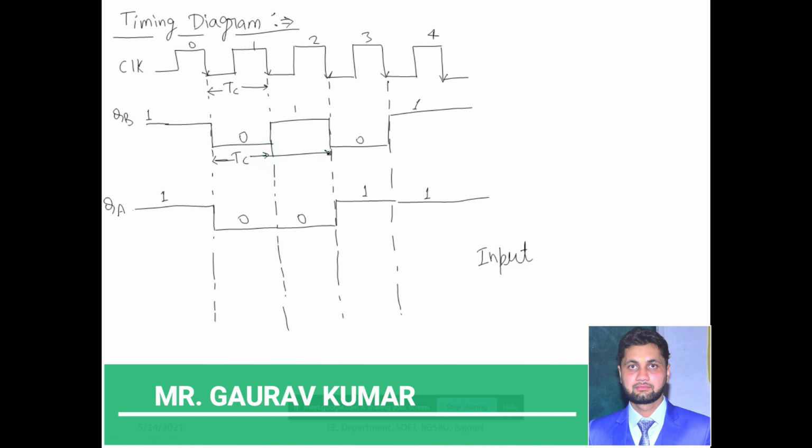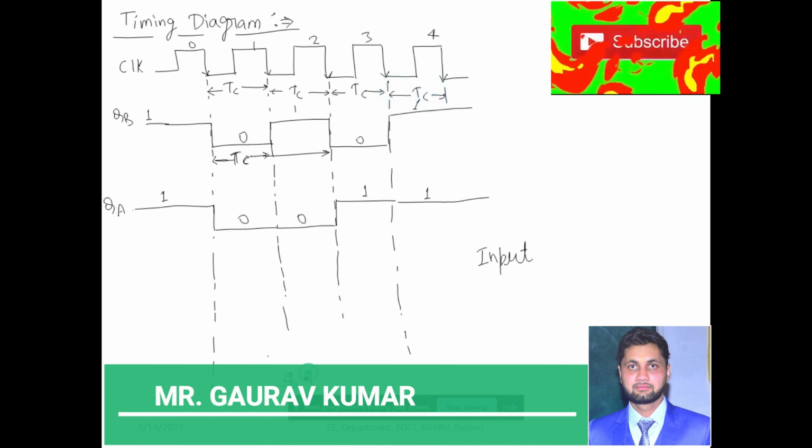Okay, TC. So this total is TC and again TC. Total is 4 TC, total time period up to here.